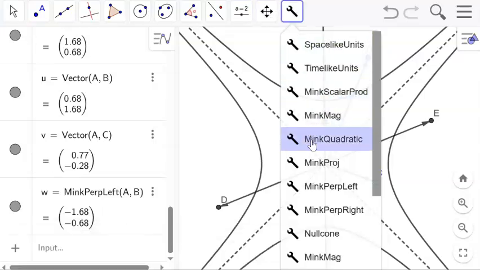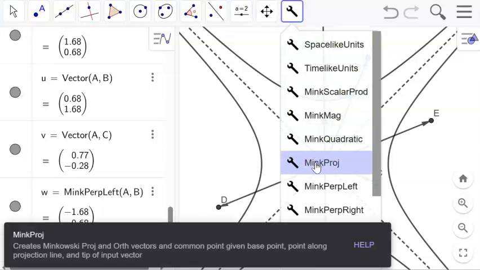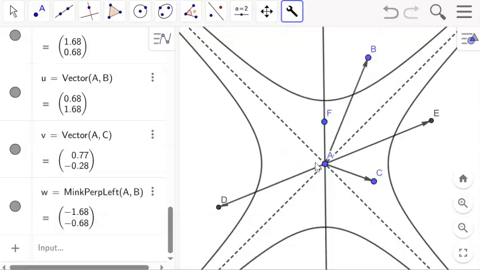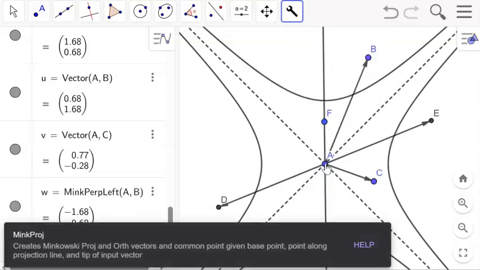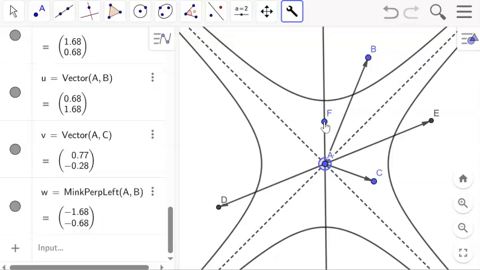Okay, now proj. So okay, here's our base point. I'm going to determine what line I'm going to be projecting on, and then I already have the base point of my vector, so I just need the tip. Okay, so that looks just like Euclidean projection.